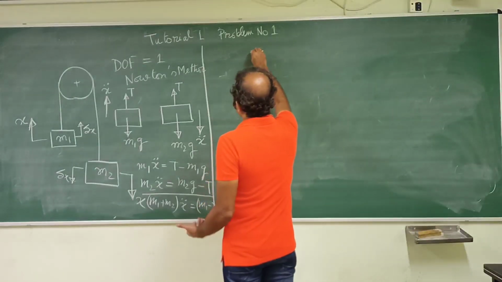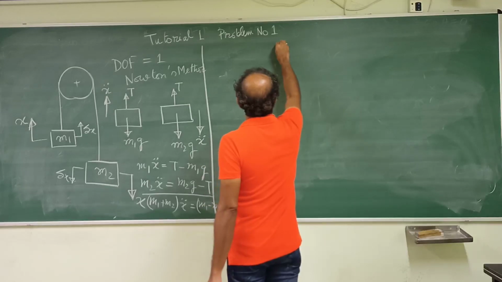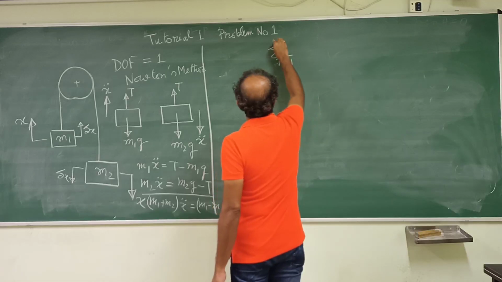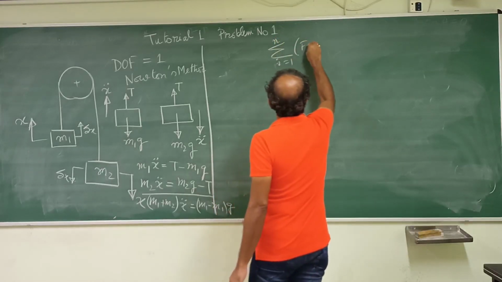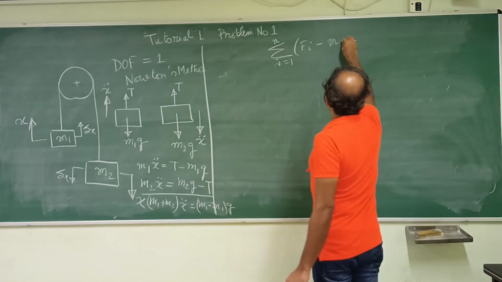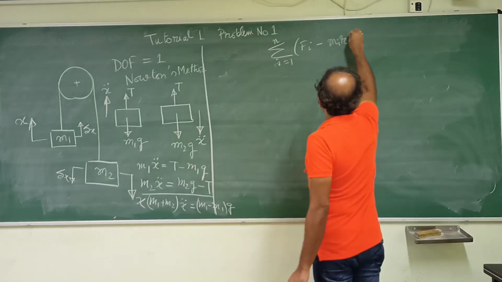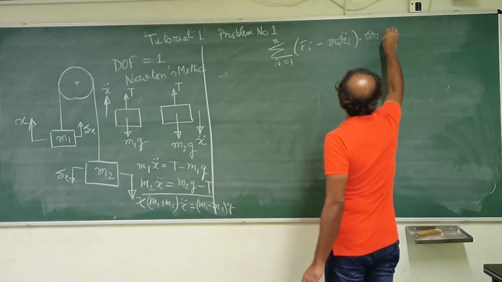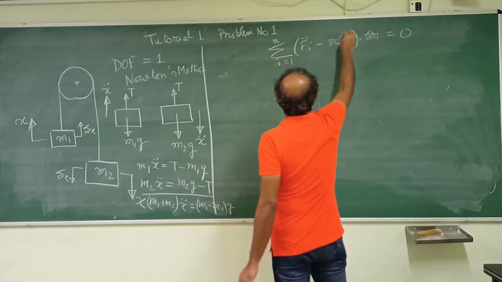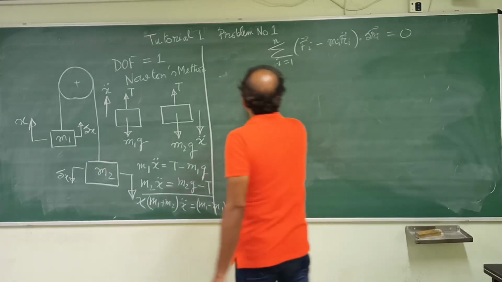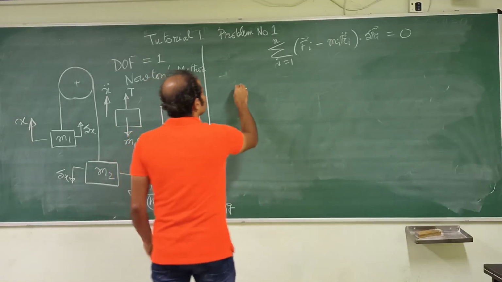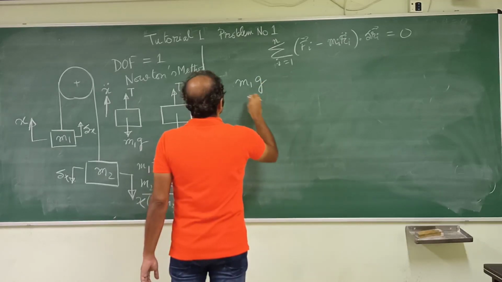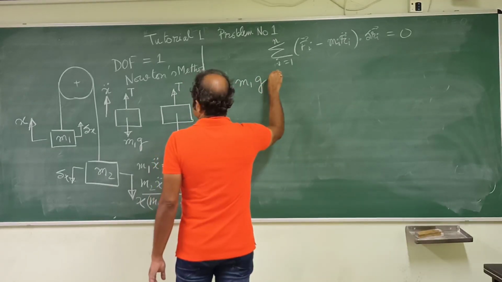Okay. Now I am going to calculate the work done through that. Just a minute, let me once again rewrite the principle of virtual work: the sum for i equal to 1 to n of (F_i minus m_i r_i double dot) times delta r_i is going to be 0, and it is understood that all these are vectors. So for the first mass, F is equal to m1 times g and minus delta x.